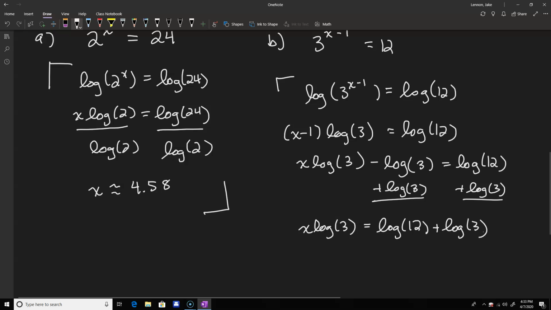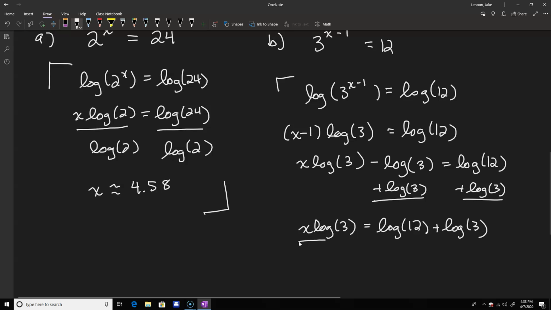Now, typically, I would just leave it alone like that, but if you want to, you could apply property number 1, and since we have log of 12 plus log of 3, you could actually write the right-hand side as the log of 36. Now, that's not absolutely necessary to get the numerical approximation, but it will make it a little bit easier to type into your calculator.